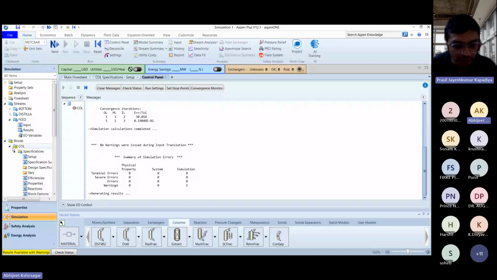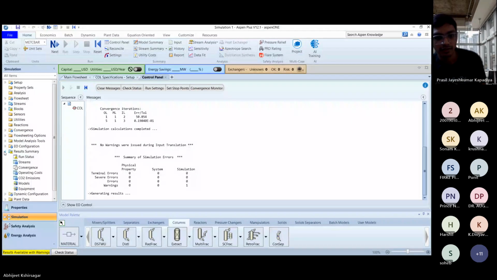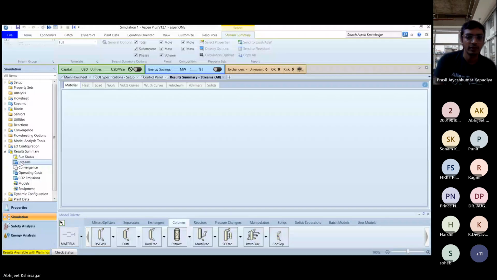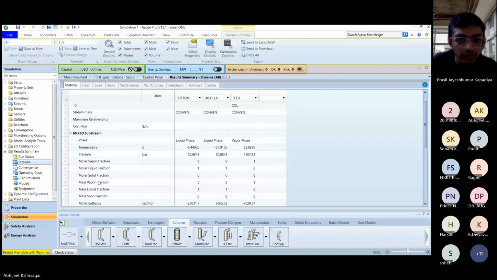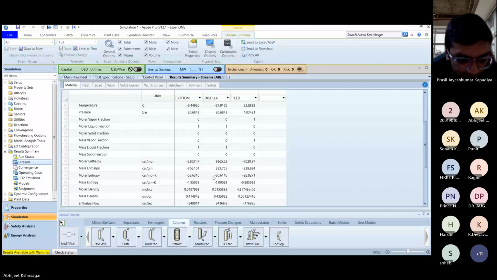Go to the results part. Stream results, and see what the composition is. Mole fractions.